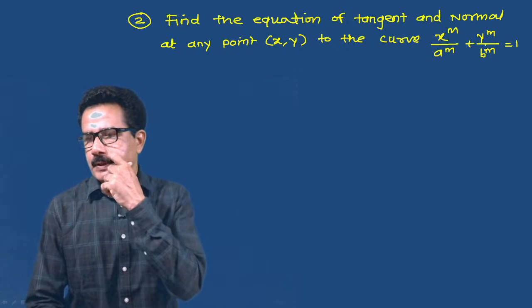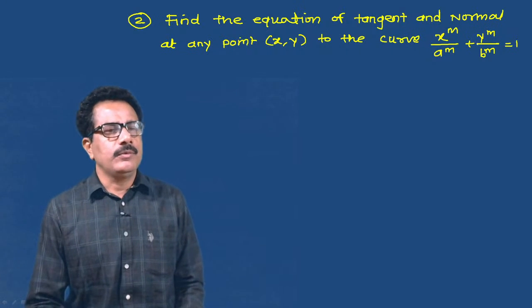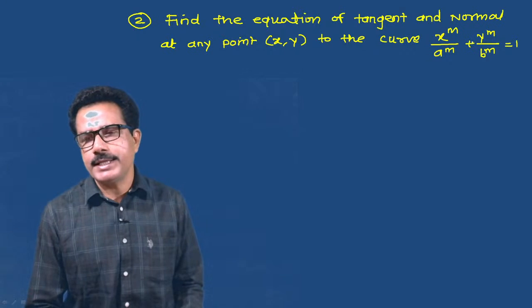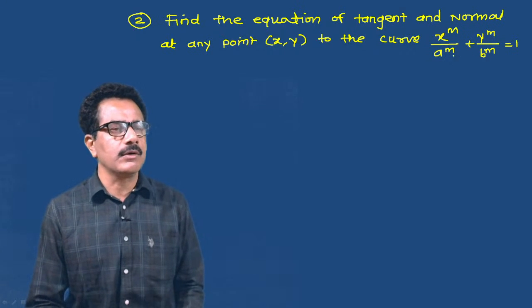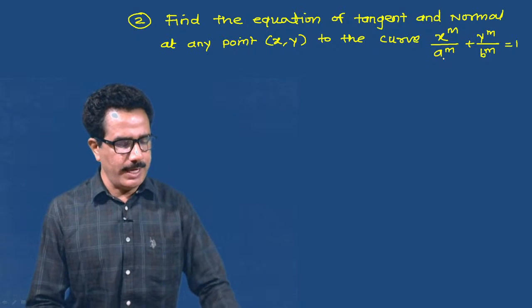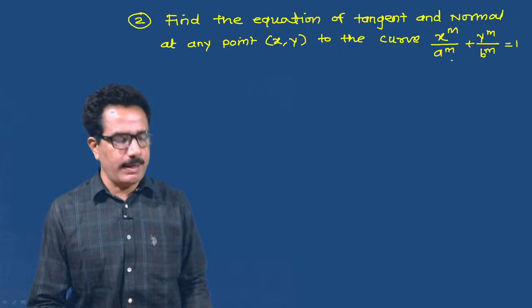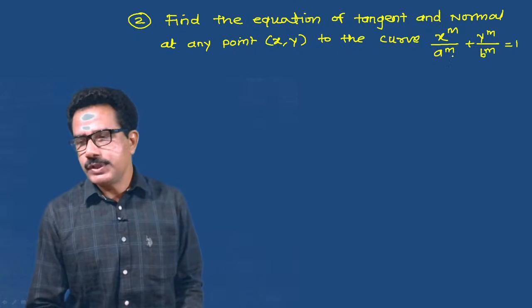Okay, students, we have to find the equation of a tangent and normal to the curve x raised to m upon a raised to m plus y raised to m divided by b raised to m, which is equal to 1.